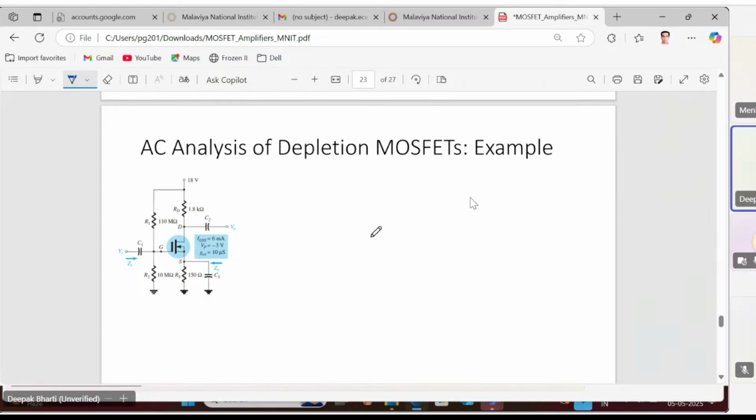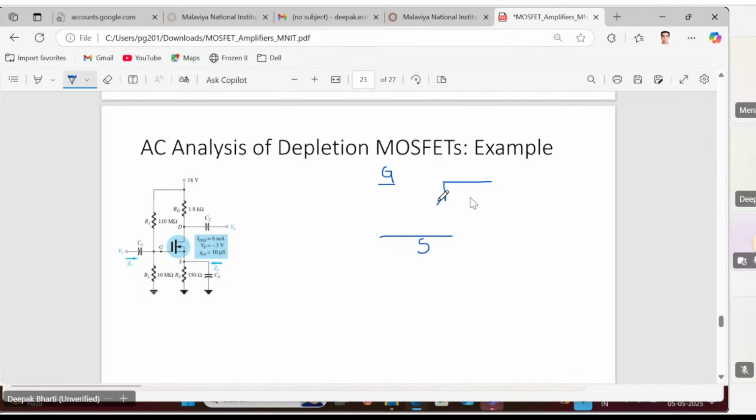So we can start by drawing the AC equivalent for this particular network. Let's draw the small signal equivalent for the MOSFET first, that is the drain and the source. Between gate and source, we don't have anything, the high impedance open circuit.